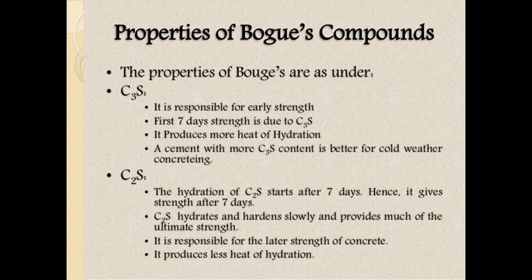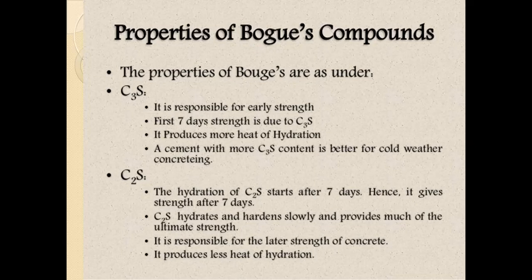Next is dicalcium silicate. The hydration of dicalcium silicate starts after 7 days, hence it gives strength after 7 days. Dicalcium silicate hydrates and hardens slowly, so it provides ultimate strength. It is responsible for the later strength of the concrete and it produces less heat of hydration.